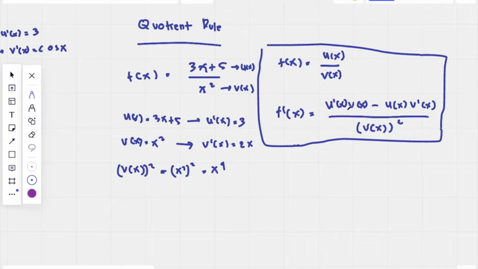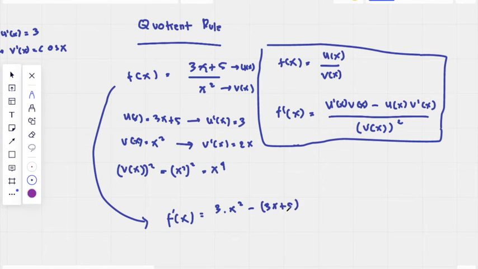So if the function is this one, then the first derivative, dy over dx, equals u prime x, which is 3, times v(x), which is x squared, minus u(x), which is 3x plus 5, times the first derivative of v(x), which is, yes, correct, 2x, and then over x to the power of 4.